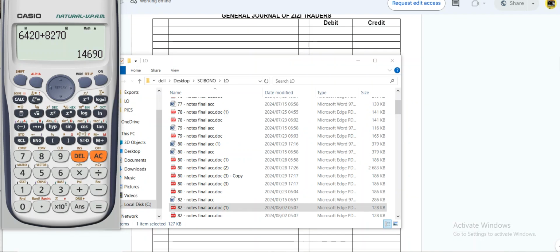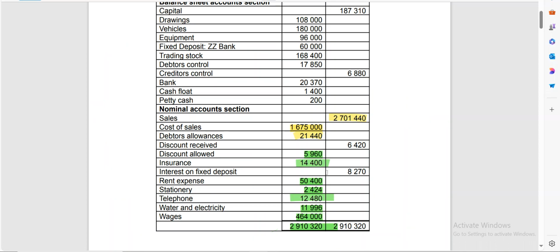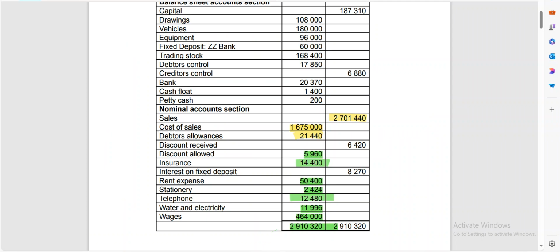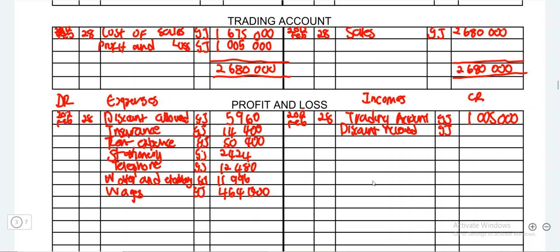Our income, we have discount received, so I'm going to enter it here, discount received, and I'm going to say in the general journal. And remember, our amount according to there is 6,420. So that 6,420 will come this side.